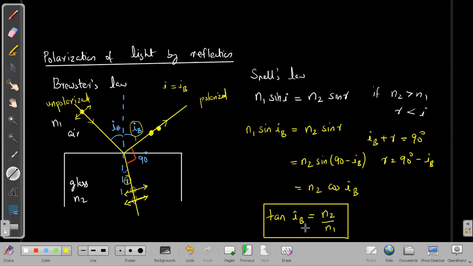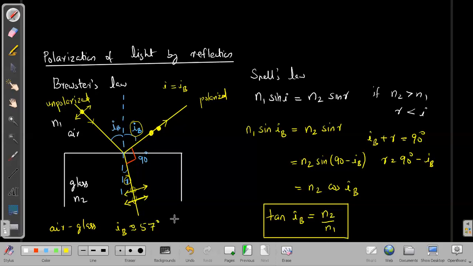So tan inverse of 1.5 gives the Brewster's angle for the air-glass interface, around 57 degrees.